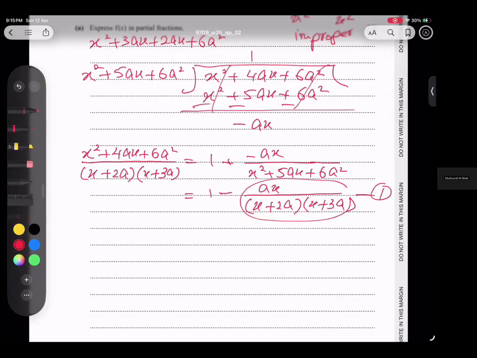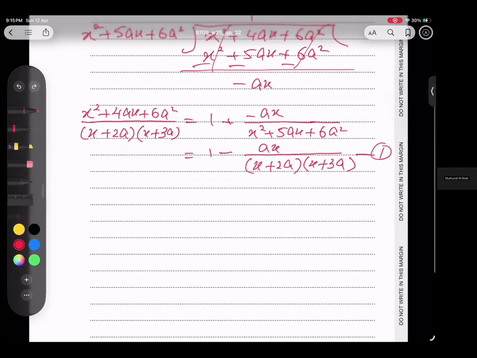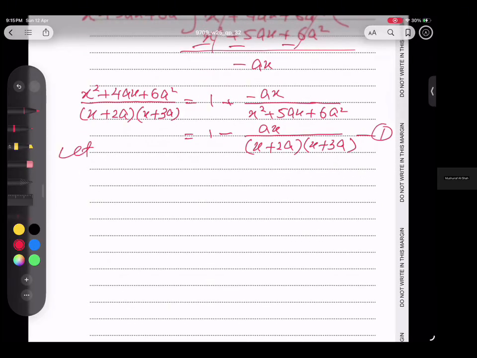Okay, so this I count as equation number 1. Now I'm going to do the partial fraction of this part only. So I'm copying here, pasting here, and I'm writing capital A for the first one and capital B for the second one, and I'm going to find them.